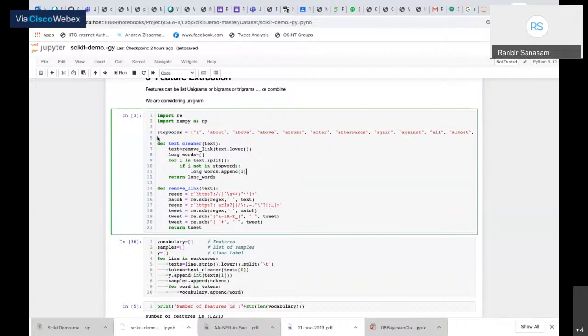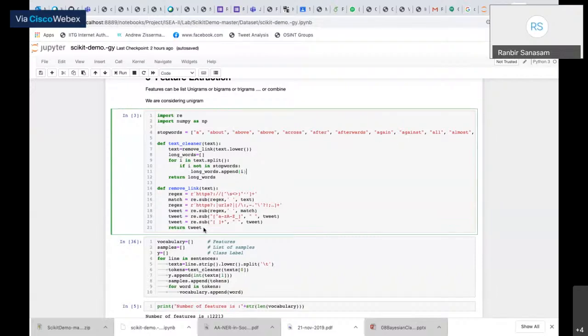Sometimes we also remove stop words. It's not mandatory, but you can remove them. Removing stop words sometimes will improve your classification performance a lot. Stop words are very commonly occurring words like articles a, the, above, and so on.